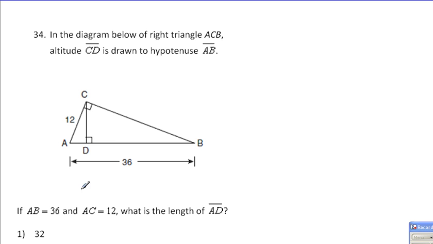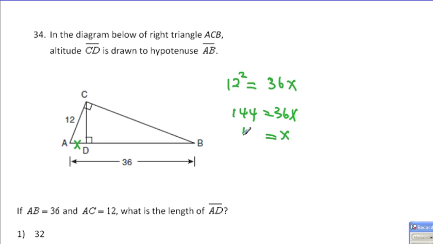All right, here we have 36, 12. What is the length of AD? AD, what do we call that as x? By the ratio, we can set up 12 squared equal to 36x. Now, in this case we have 144 is equal to 36x.